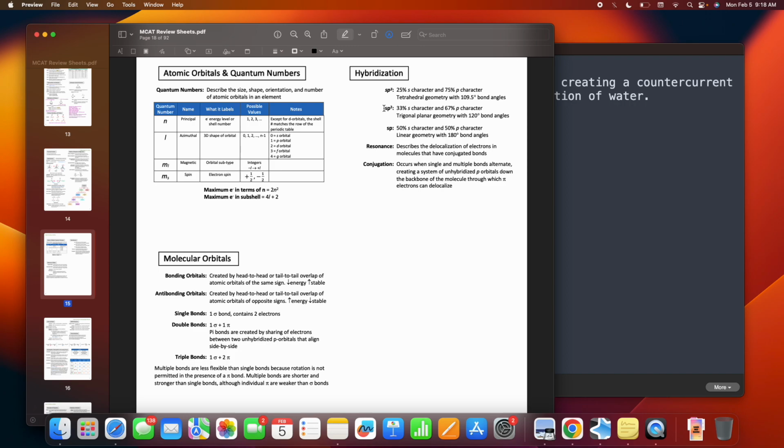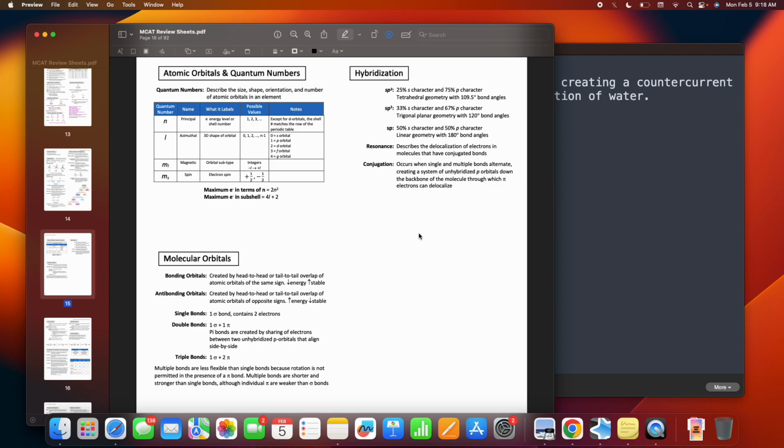You have sp2, which is 33% s character and 67% p character. It is a trigonal planar geometry with 120 degree bond angles.